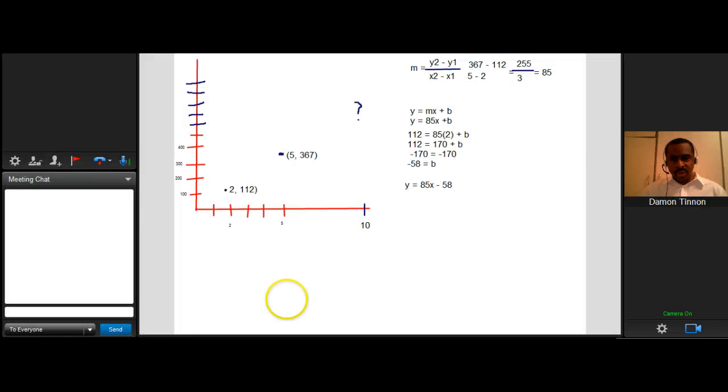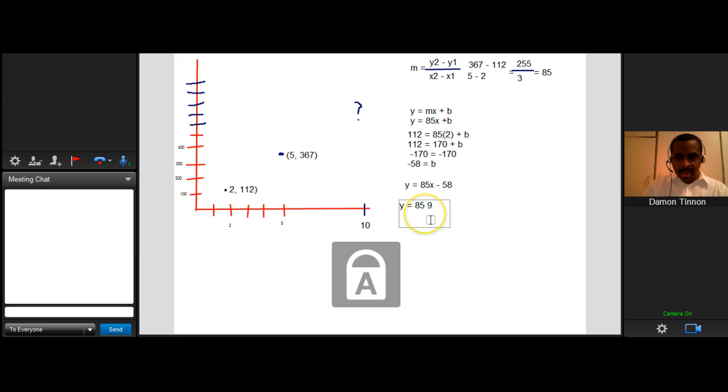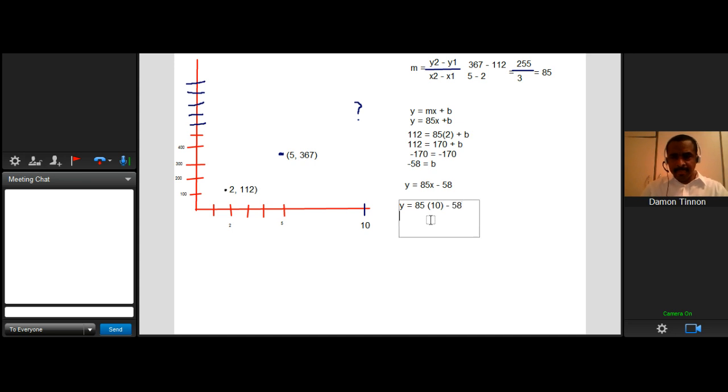So let's go ahead and do that. Let me go ahead and get a bigger font here. And so we're going to get y is equal to 85 times 10, I'm just going to put that in parentheses so it's clear that we're doing multiplication, minus 58.